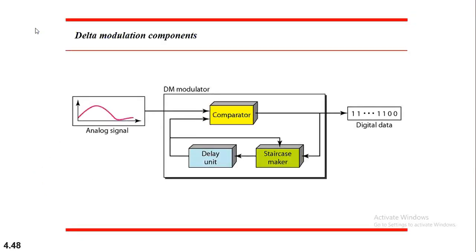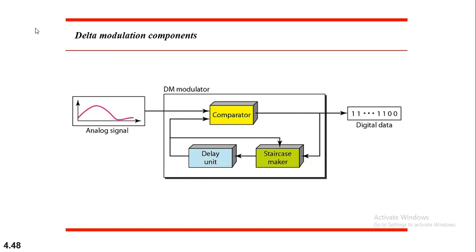This is the diagram of the modulation technique in delta modulation, where it takes an analog signal and this modulator creates a second signal that resembles a staircase.